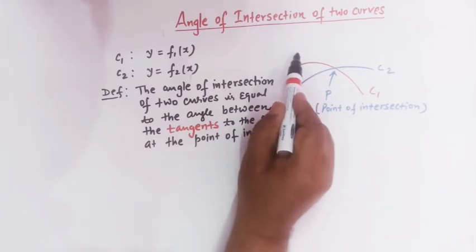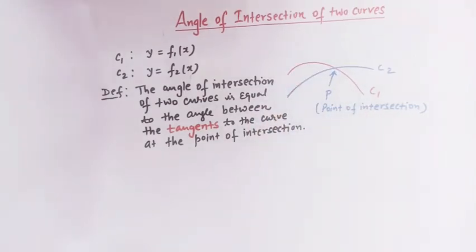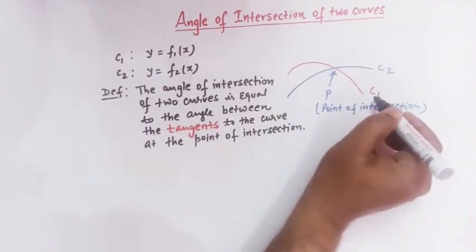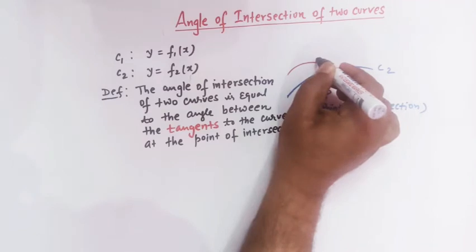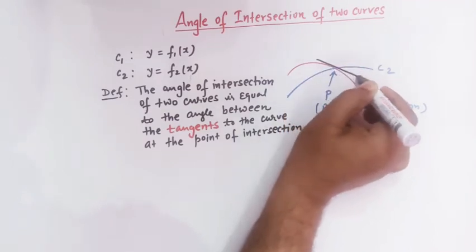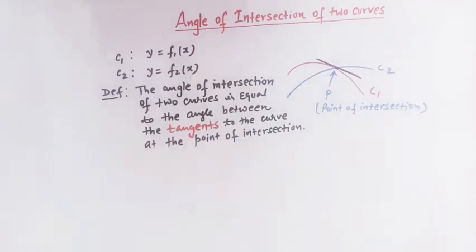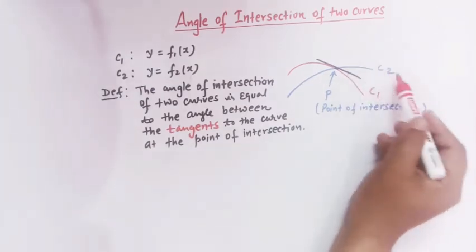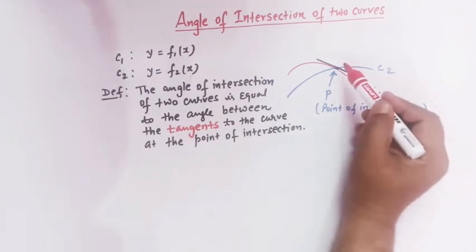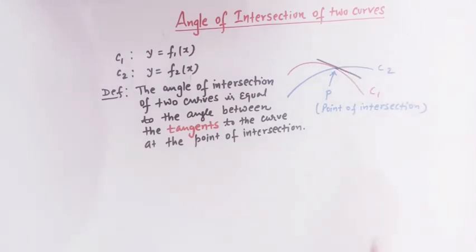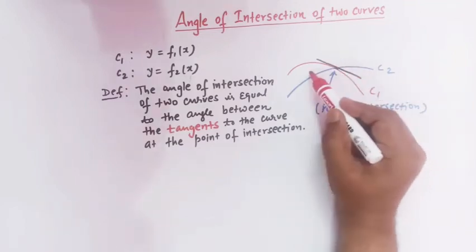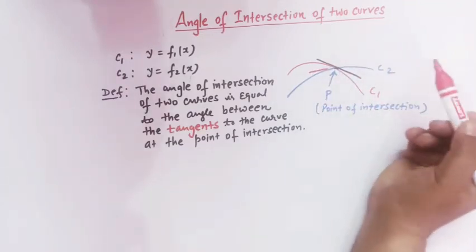Now here the tangent to the curve C1 can be drawn like this, and the tangent to the curve C2 at this point can be drawn like this, right?